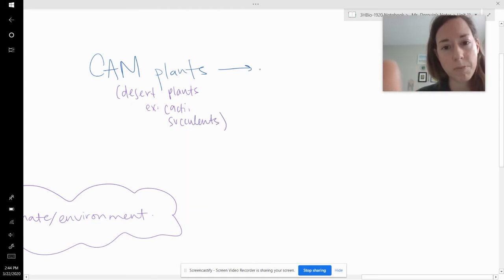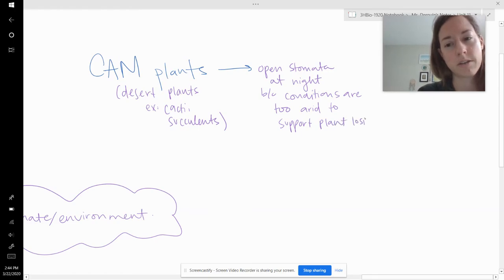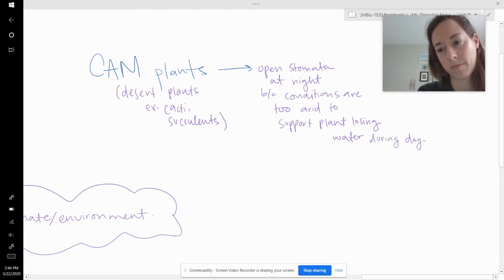And they're going to actually open their stomata at night because conditions are too arid to support the plant losing water during the day.